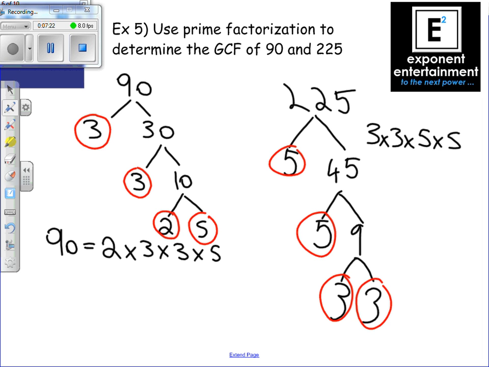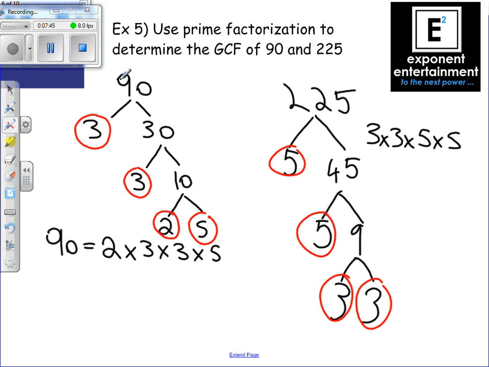Okay, now we have to find the greatest common factor. How do we do that? Scott, how do we do it? Right, so what he did is he looked at both sets, and he took all the things that were in common. There's a 2 in 90.